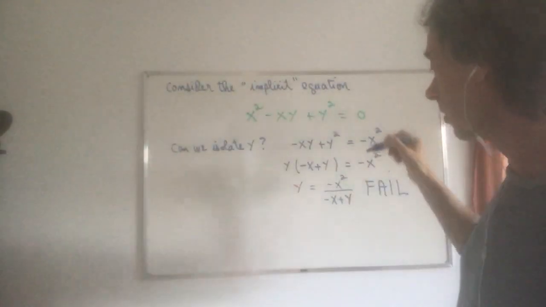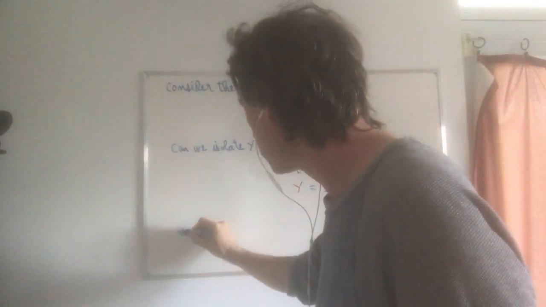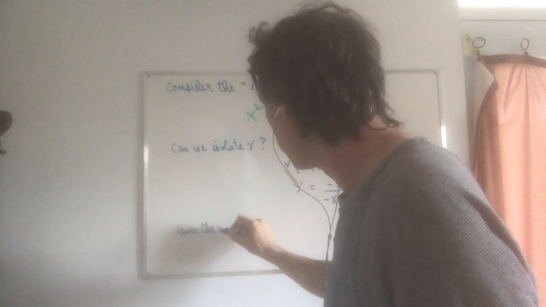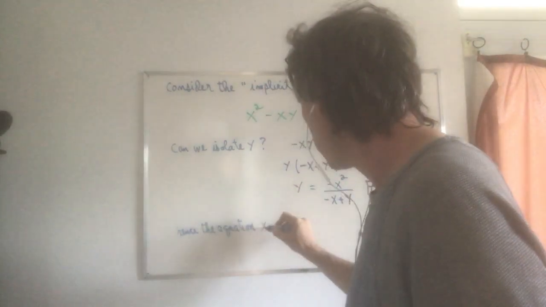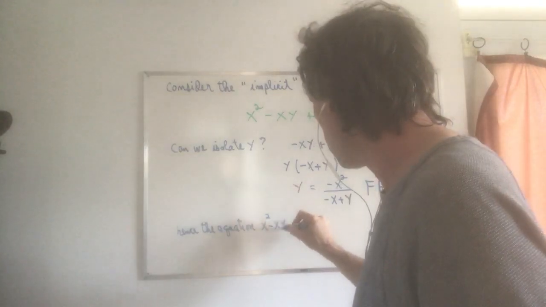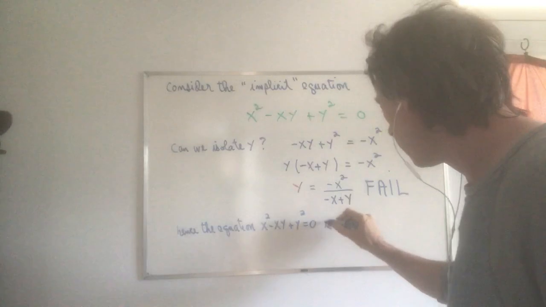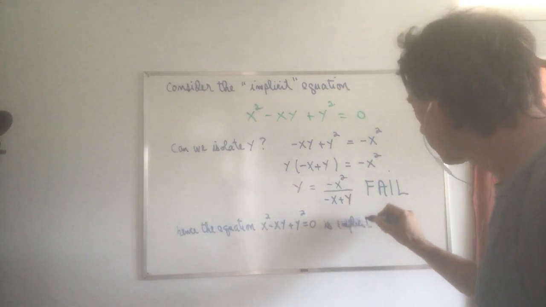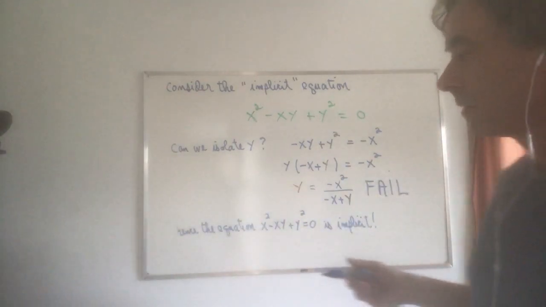So this is an example of an implicit equation. Hence, the equation that we started off with, x squared minus xy plus y squared equals 0, is an implicit equation because isolating y here does not work.